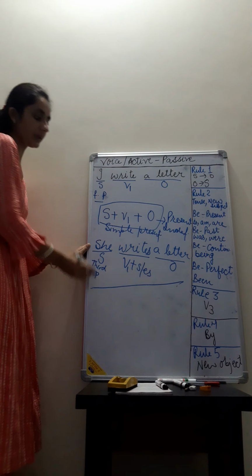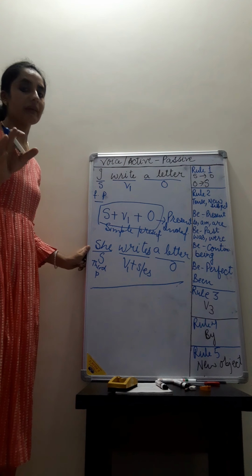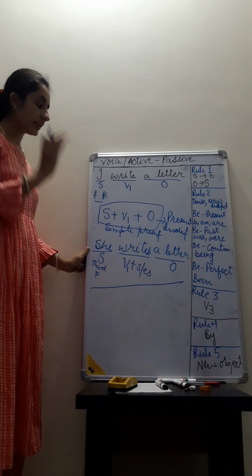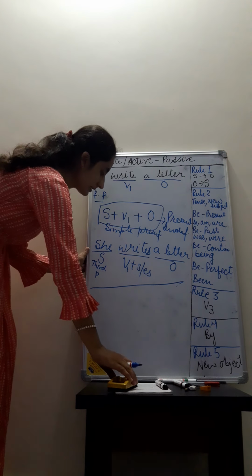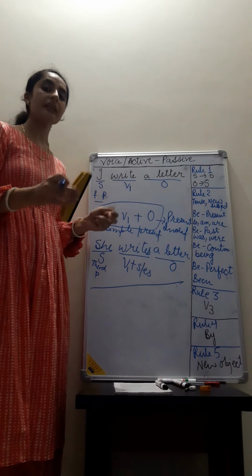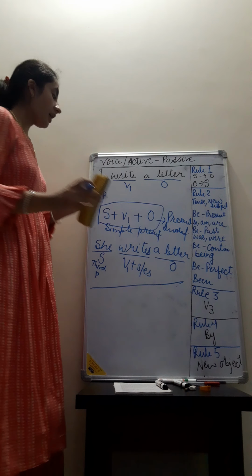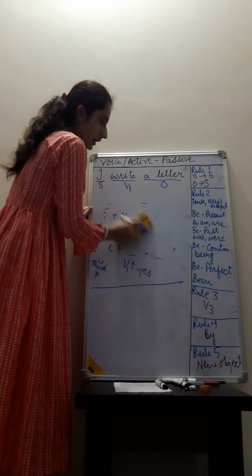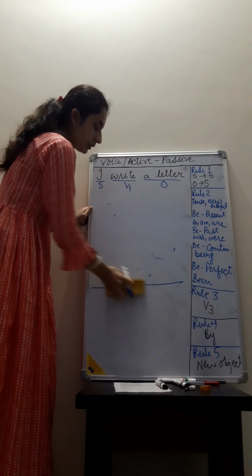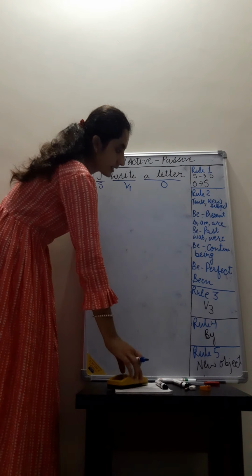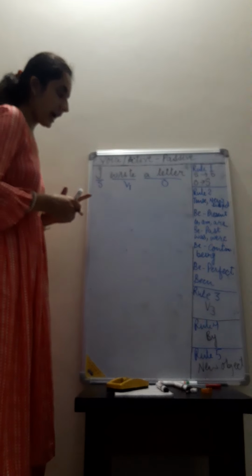Again, this is the format of the present indefinite tense. I hope you are well aware of this present indefinite tense. So we will discuss how to change present indefinite in active sentence to a passive sentence. So we will go through the rules.